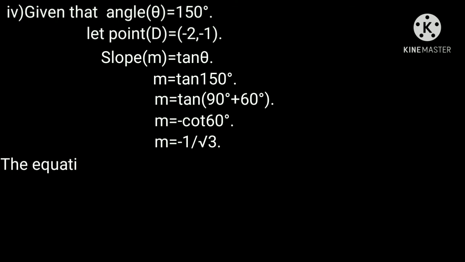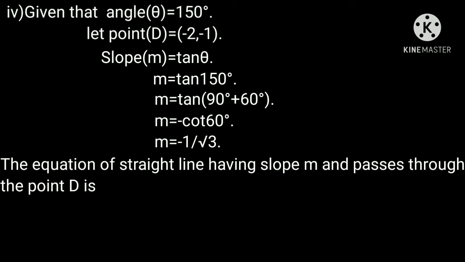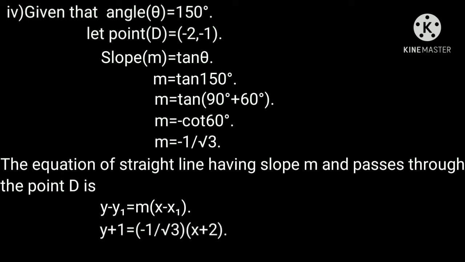The equation of straight line having slope m and passes through point D is y minus y1 equal to m into x minus x1. Here also we substitute x1, y1 and slope m value. Then y plus 1 equal to minus 1 by root 3 into x plus 2.